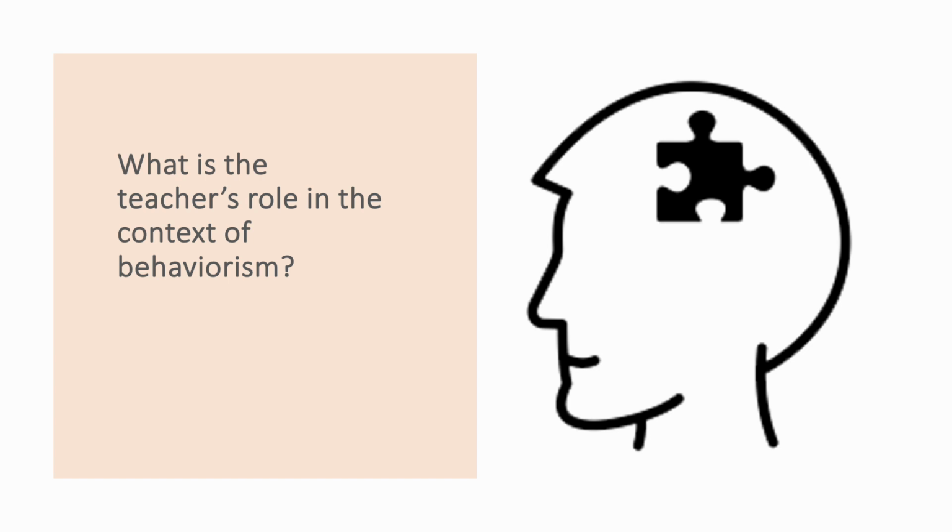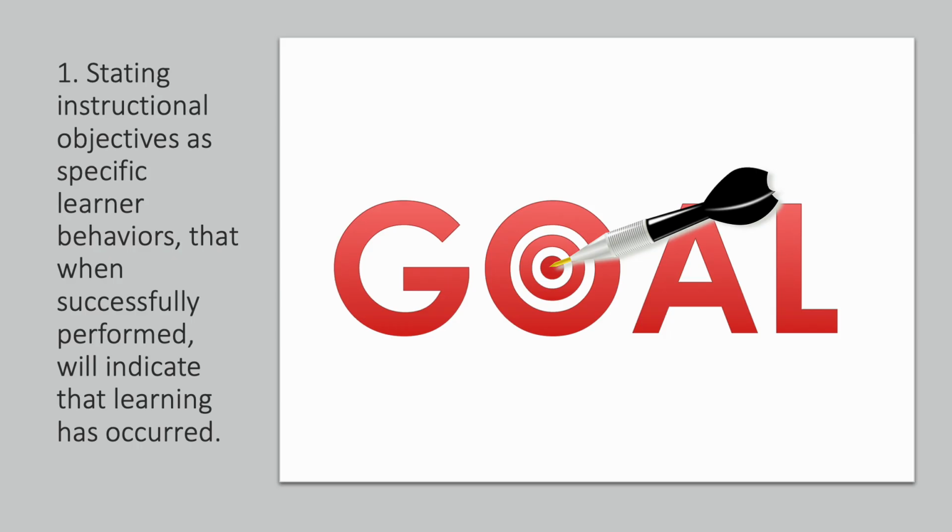So what is the teacher's role in the context of behaviorism? If we're concerned with behavior, what is the teacher's main job? Well, the first thing the teacher must do is to have goals that are focused on specific learner behaviors, right? Behaviorist teachers don't like the word learn. They would rather say do or complete.